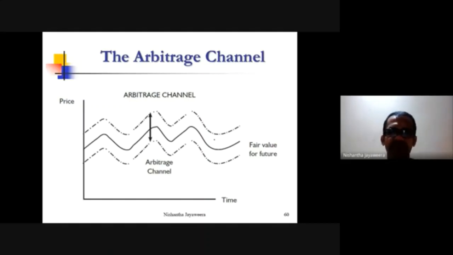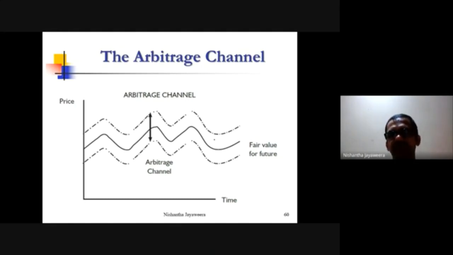Your arbitrage profit may be negative because of the spreads and other transaction costs. In futures, you have to pay the transaction cost to your broker. So all those costs you have to consider before you try to exploit the arbitrage channel.